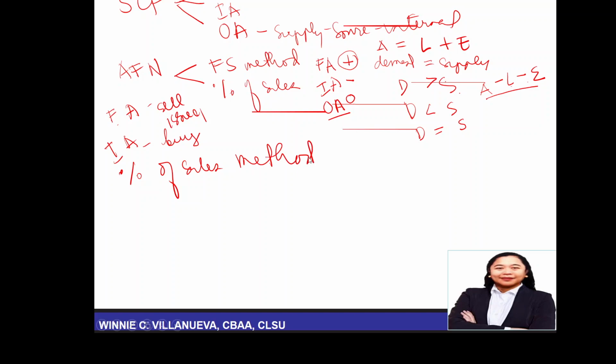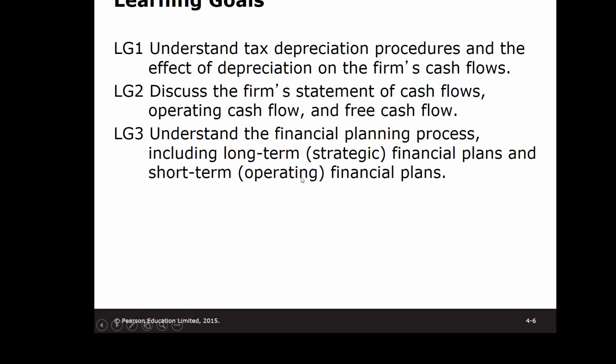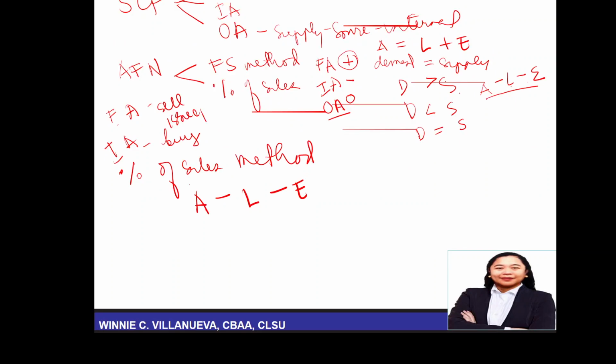Okay? So, how do I compute for my AFN? It would be, AFN is asset less liability less equity. Okay? That's our formula. If that is the formula and it is percent of sales, anong gagawin ko?